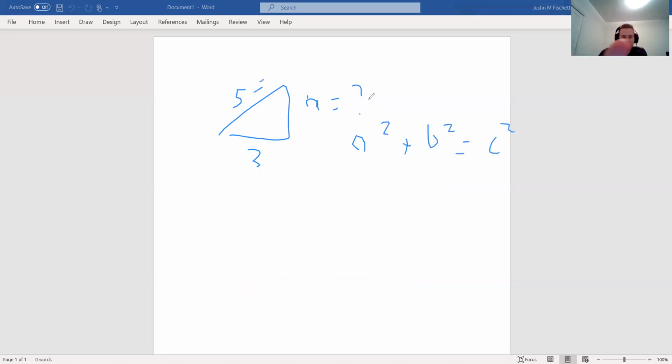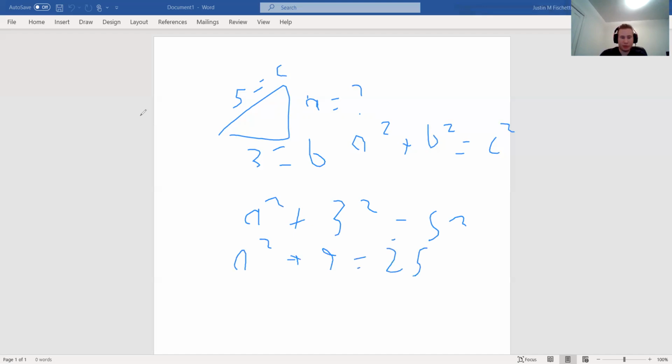The hypotenuse, which is always the longest side, is 5, and the other leg, which will be B, is 3. So it'll be A squared plus 3 squared equals 5 squared. Now again, solve out the squares. So it's A squared plus 9 equals 25.